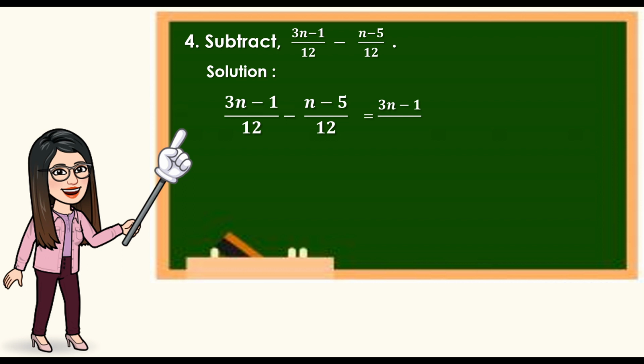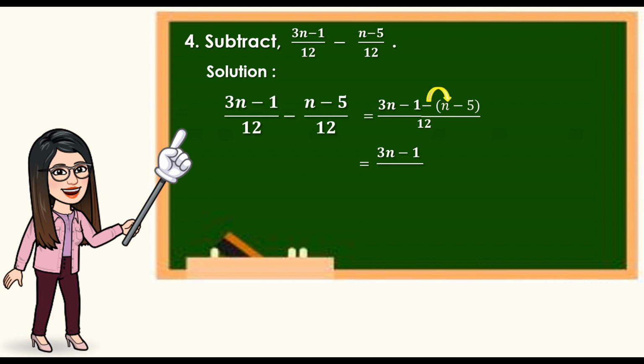Okay, so rewrite 3n minus 1 minus the quantity of n minus 5 all over 12. We will put parentheses in n minus 5 since the operation is subtraction and the n minus 5 is a binomial. So we will distribute the negative sign inside the parentheses, in each term inside the parentheses. Okay, let's proceed. So we have 3n minus 1.